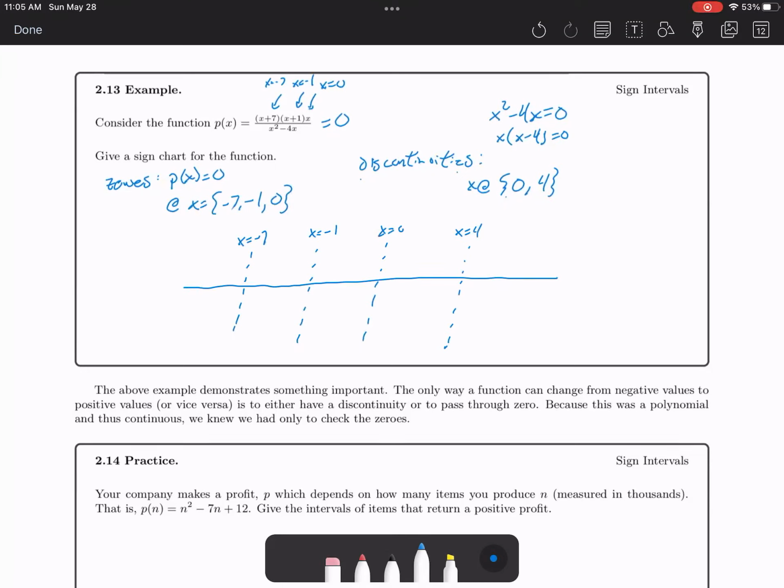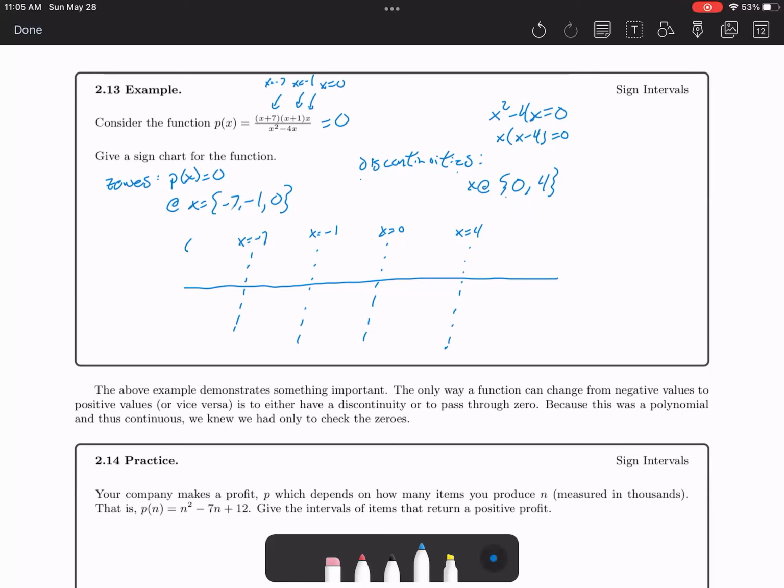Okay, so if these are the only possible places my function can change sign, if I'm positive over here, that means I'm positive over that entire interval. So effectively, I can just take test points and figure out if I'm positive or negative. And if I'm positive the entire way, or if I'm negative the entire way. So let's look at a few test points.